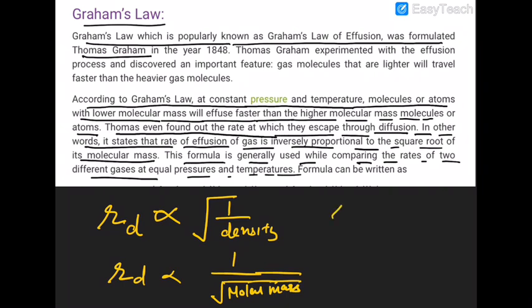So you can say that the rate of diffusion of a gas will be inversely proportional to the square root of the molar mass of the gas.